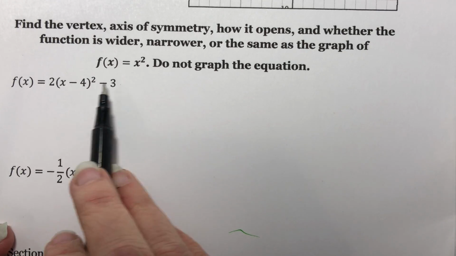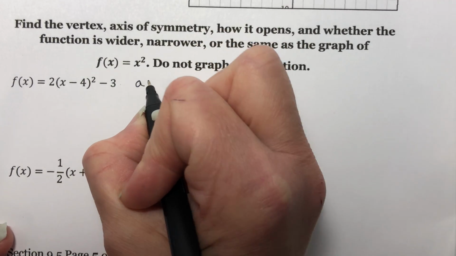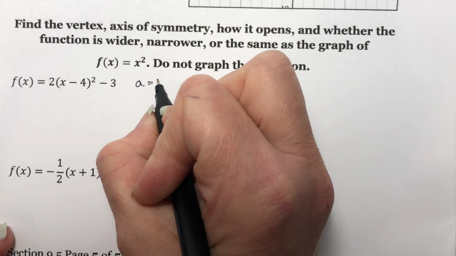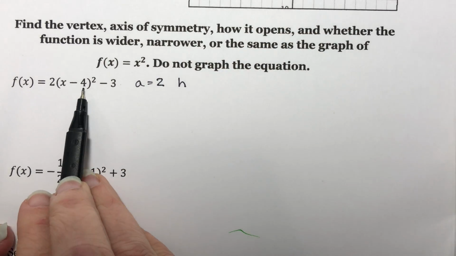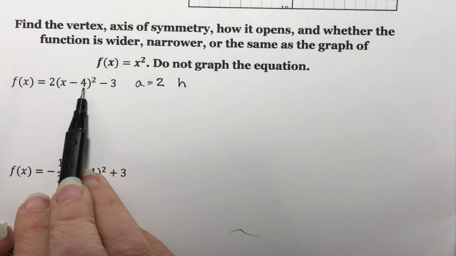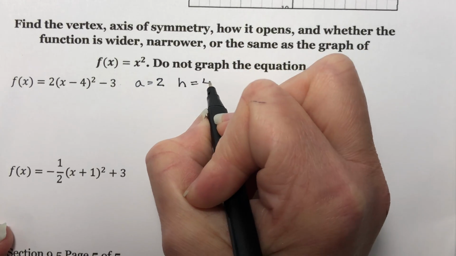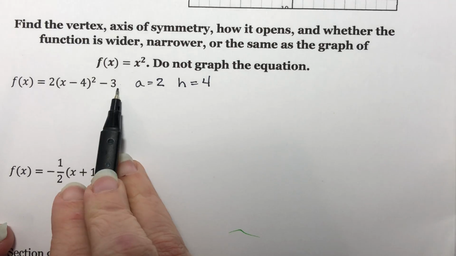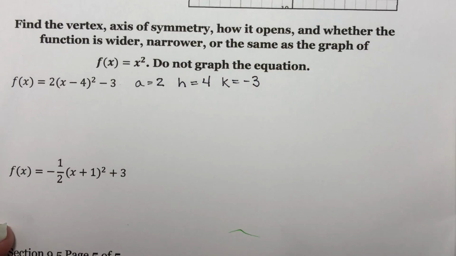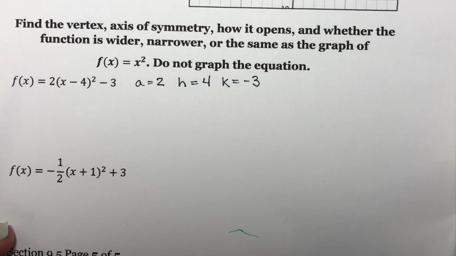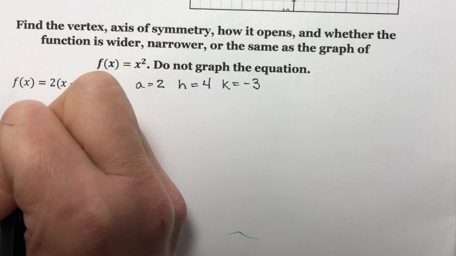Let's identify our pieces. In this case, our A is 2. Our H, this is a minus sign, so our H is a positive 4. And our K value is negative 3. Okay? So, find the vertex.